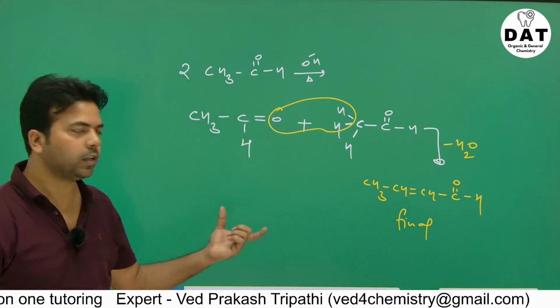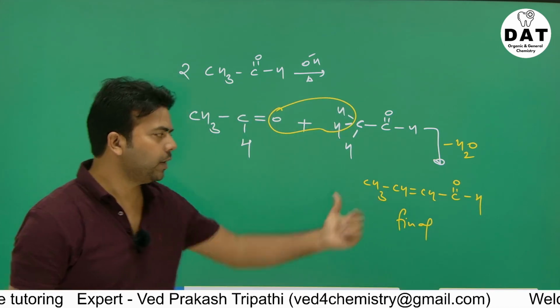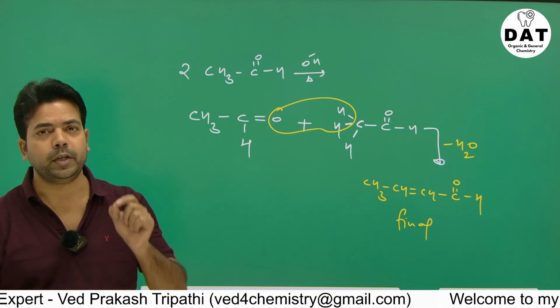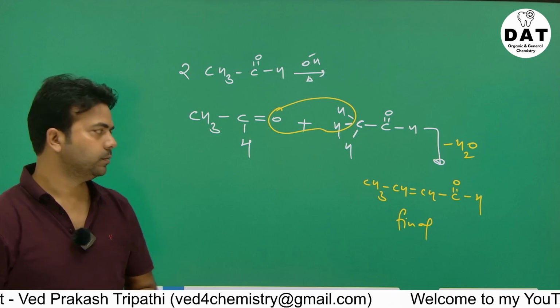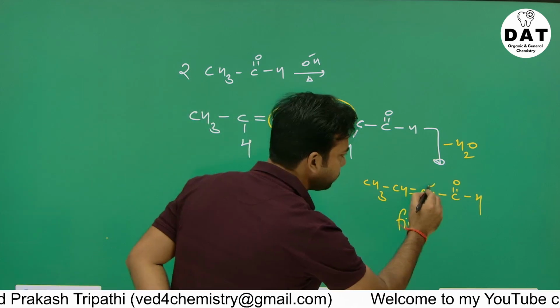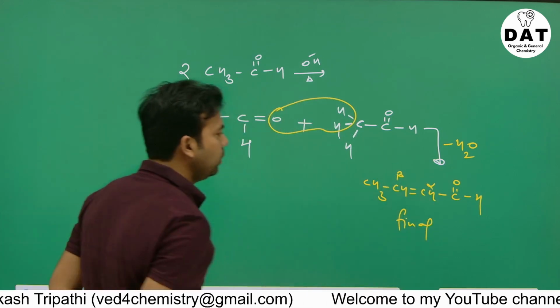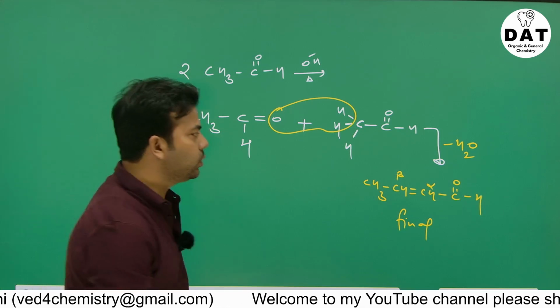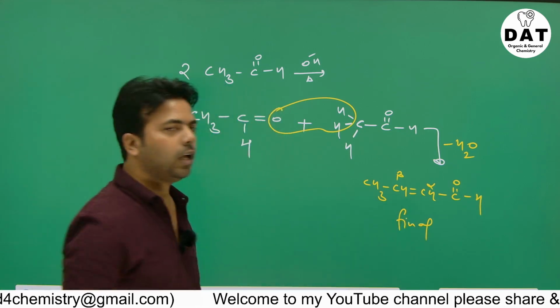Suppose you have to draw the aldol one. So first you can draw the final product and then the aldol. So what is aldol? Aldol is my beta hydroxycarbonyl. This is alpha, this is beta. So whenever you have to draw the aldol, just attach a water molecule, means OH on the beta and hydrogen on the alpha. Simple.